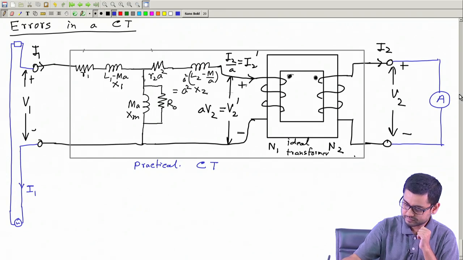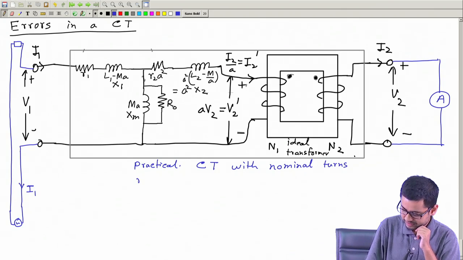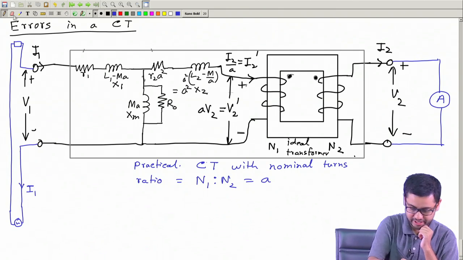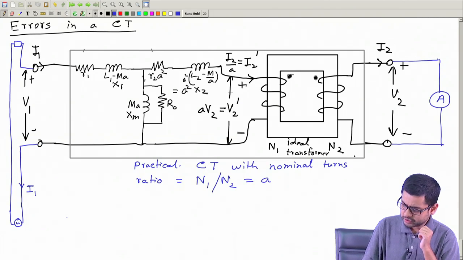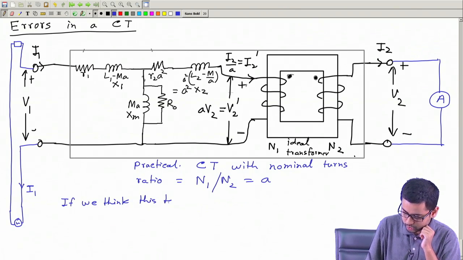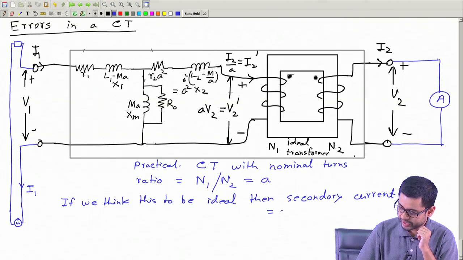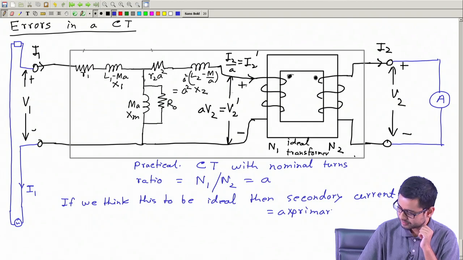Say this CT has a nominal, rated, or nameplate turns ratio N1 is to N2, which is equal to A. Okay, N1 by N2 is equal to A. If we think that this is an ideal transformer, then the secondary current will be equal to A times the primary current, right?